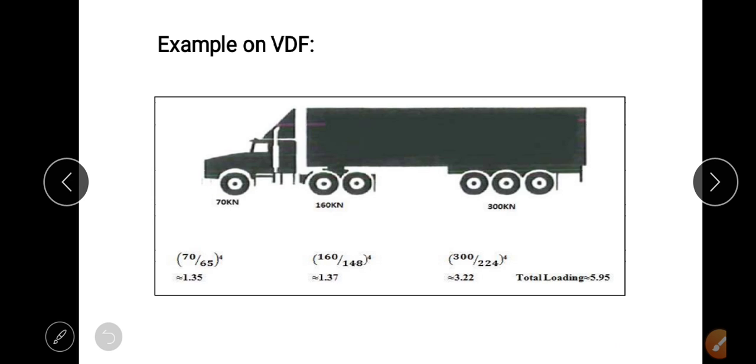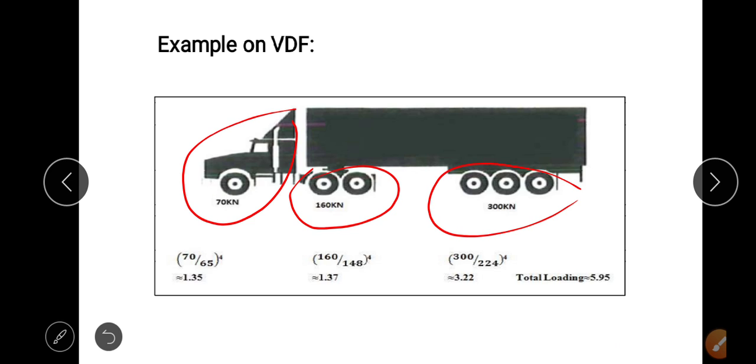The vehicle, as I have already told, the engine part will have only a single wheel, and then dual wheel, and then tridem, tandem, or tandem dual. Usually such long vehicles carry goods of such kind.